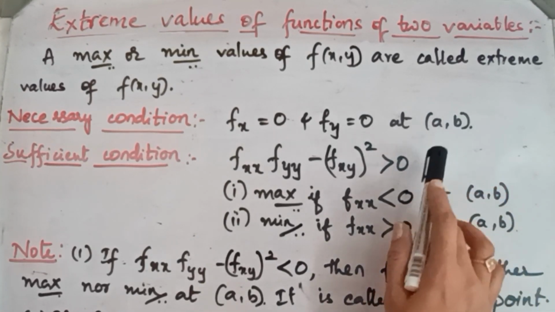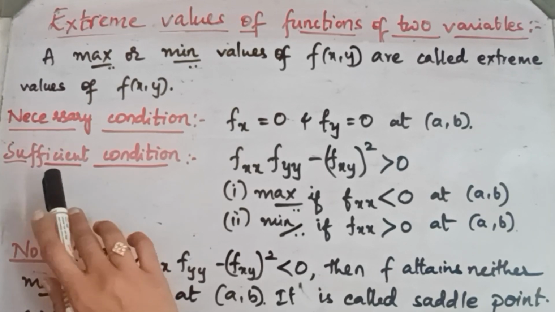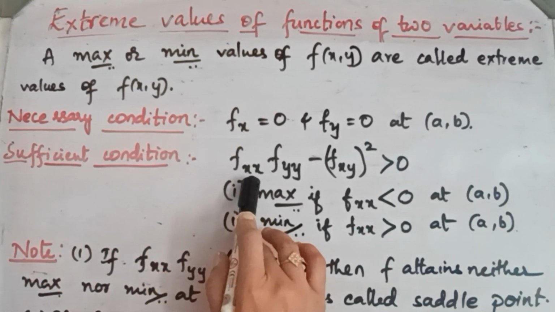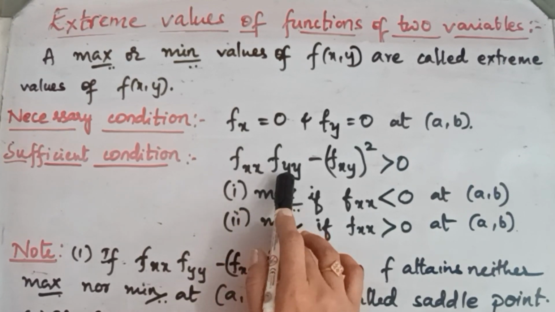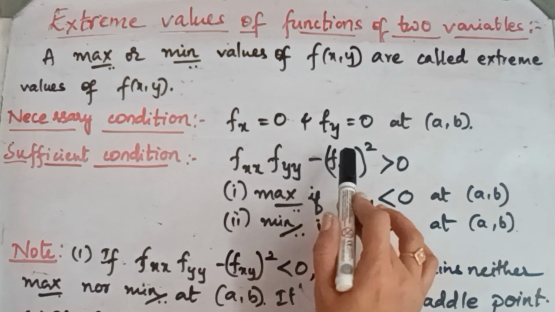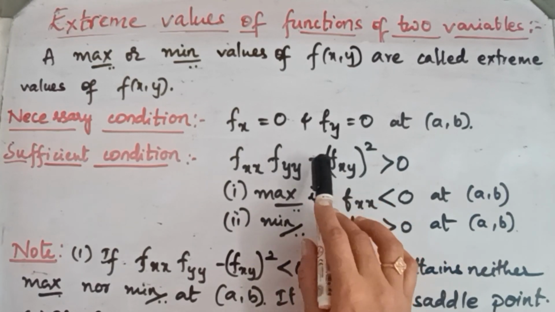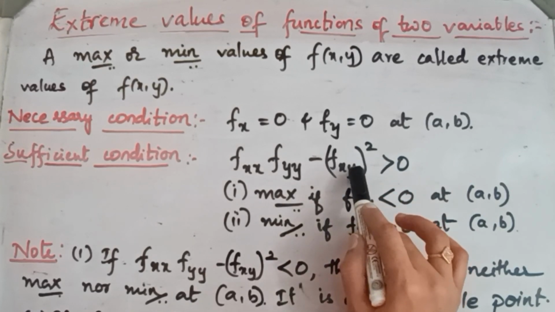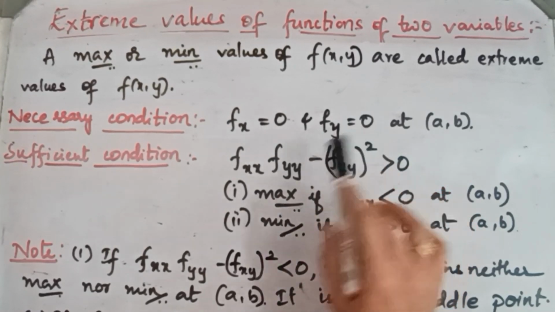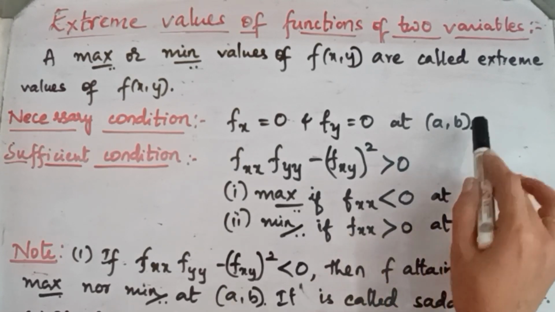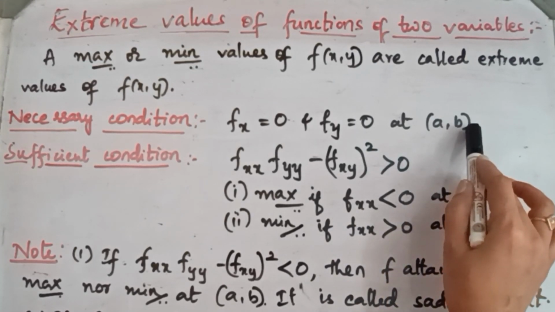After getting the critical points, you have to apply the sufficient condition, that is, the second partial derivative of f with respect to x times the second partial derivative of f with respect to y, minus fxy, first finding the partial derivative of f with respect to x then with respect to y, and its square. This expression should give you a positive quantity at that particular point (a, b).